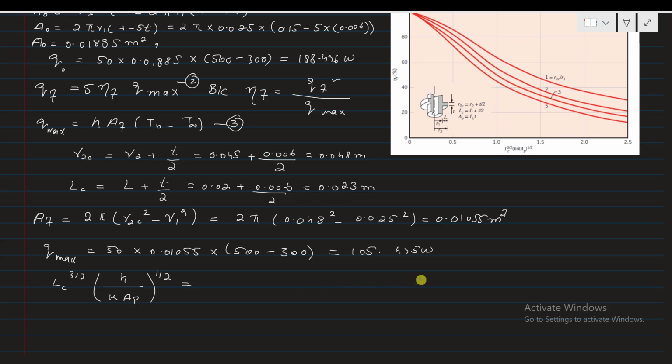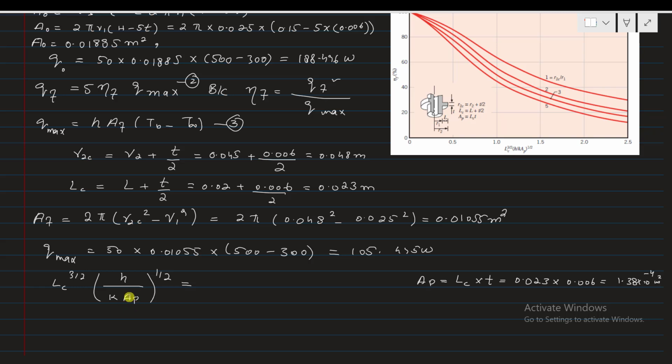First the A value, that is equal to Lc multiplied by t. So what is Lc? That is 0.023 multiplied by thickness, that is 0.006. So you will get its value after multiplication, that is 1.38 multiplied by 10 to the power.